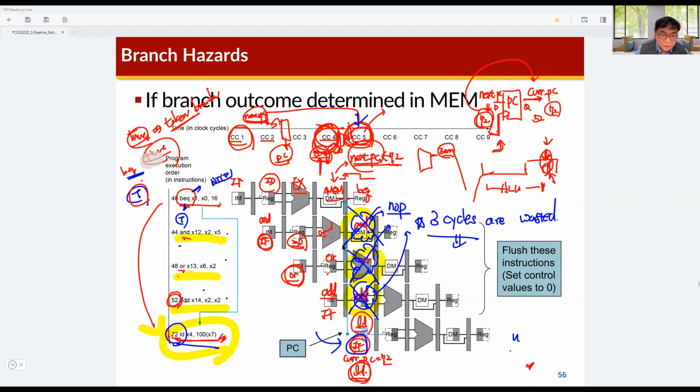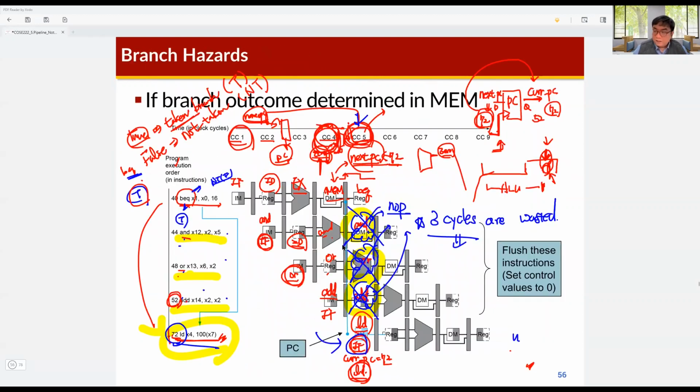And the opposite case, false. If the condition of the branch instruction is false, we say this branch is a not taken branch. Okay, not taken. We frequently use T or NT for the result of a branch instruction.